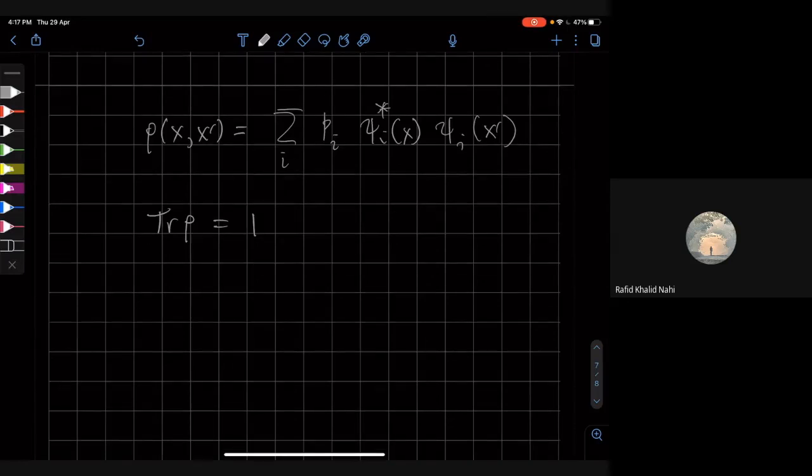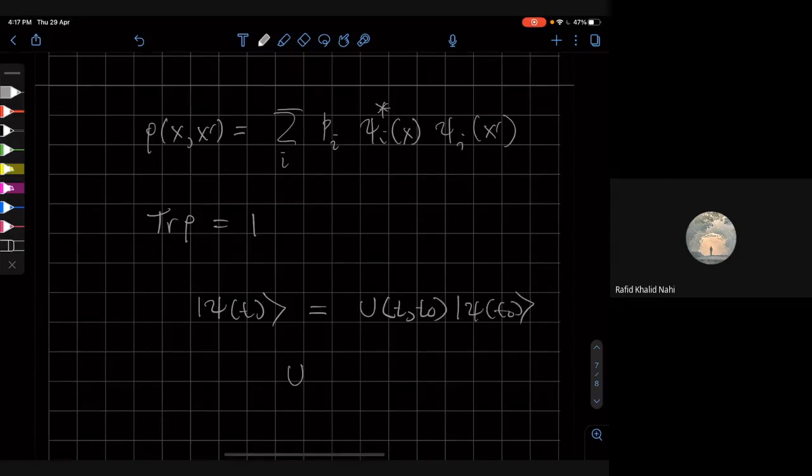Now, the evolution of the state of a system is given by the time evolution operator, which is U(t, t0) equal to e to the power minus i H (t minus t0) over h bar.